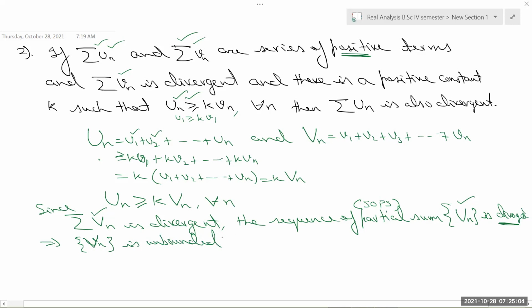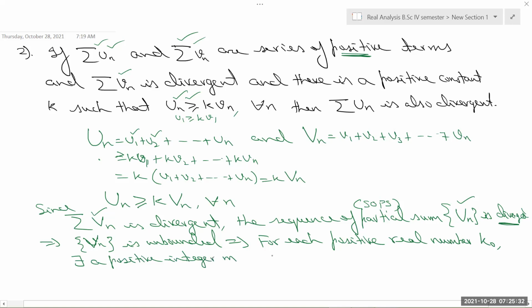Unbounded, one can write it like this: for each positive real number k naught, however large, there exists a positive integer m such that Vn is greater than this k naught.